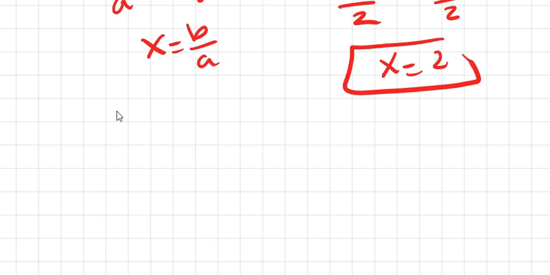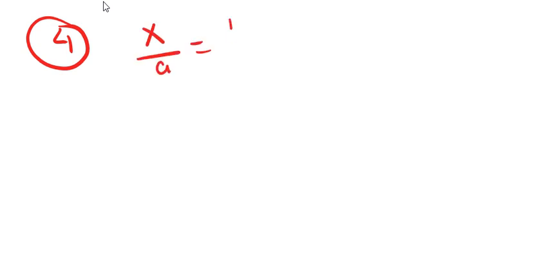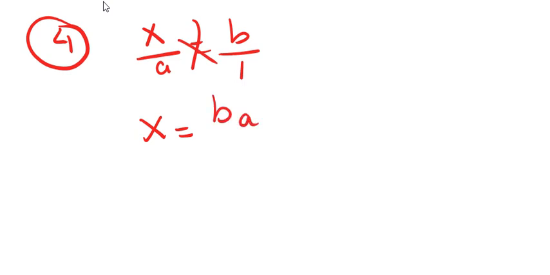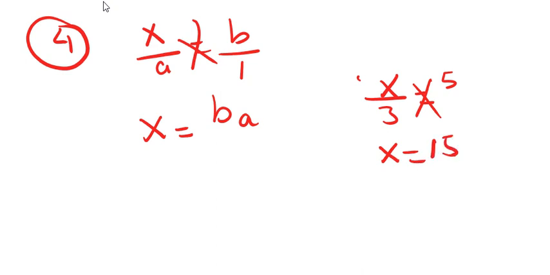Number 4: if you have x over a, with the coefficient in a fraction, by cross multiplication we put 1 under the right side, then x equals b times a. For example, if you have x over 3 equals 5, by cross multiplication x equals 15.